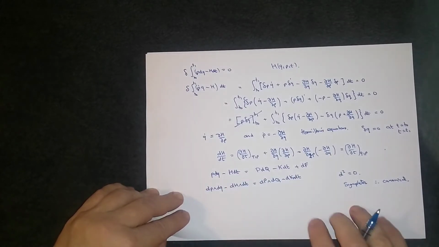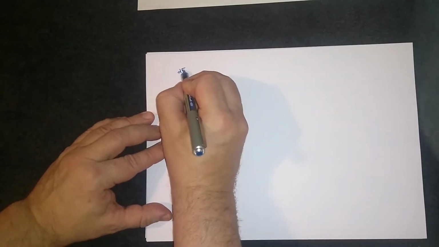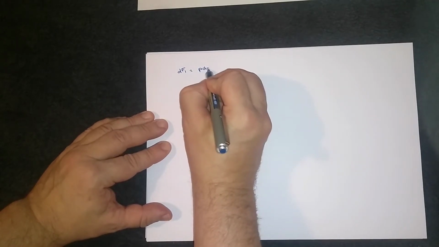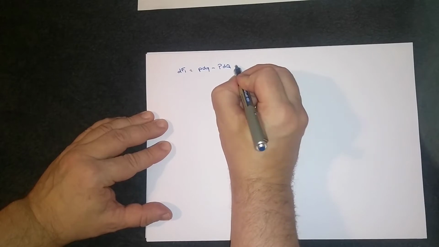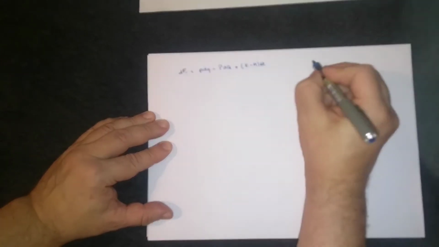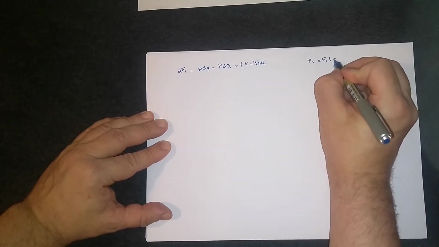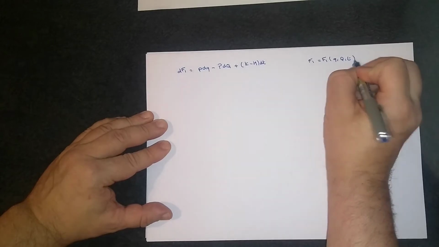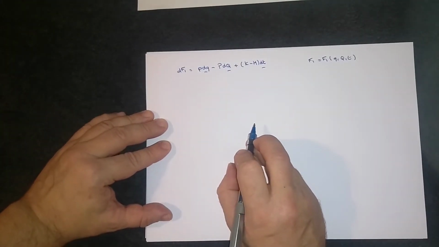Okay, let's rearrange this equation, and I'll rewrite f as f1 as is conventional. So df1 is p dq minus capital P dQ plus k minus h dt. From this you see that f1 should be regarded as a function of little q, big Q and t, since these are the differential terms in the expansion.